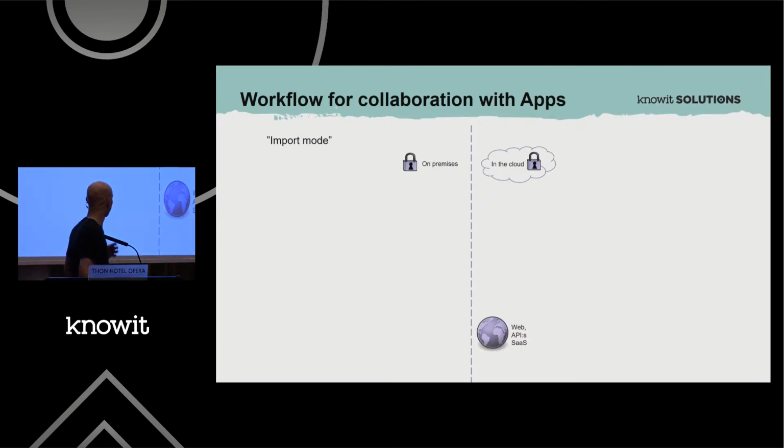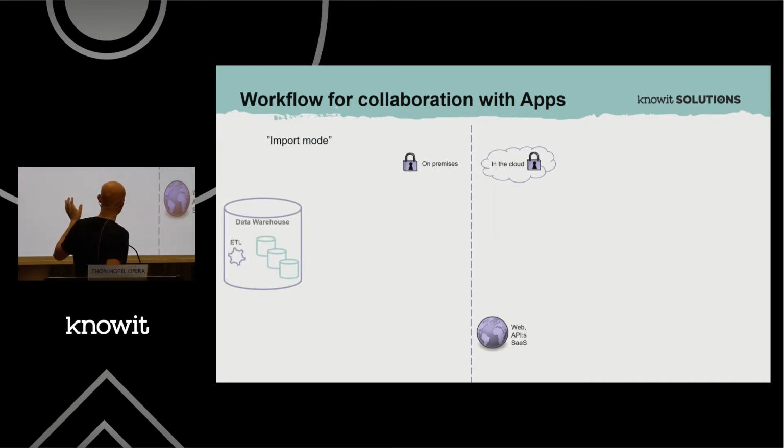So a typical case is that we have our on-premises data sources, and then we have the cloud where we have other sources: web sources, APIs, and software as a service sources. But typically organizations have some kind of data warehouse in place where they do all their ETL processes and gather information from their own line of business applications.